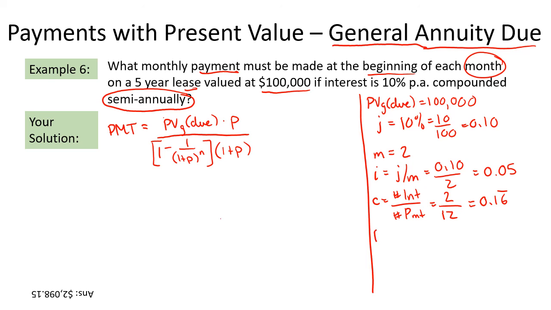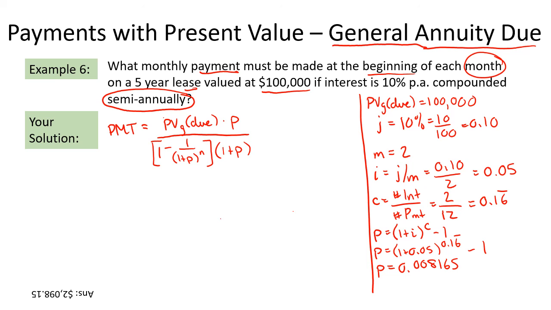So now we can calculate our equivalent rate of interest, P, which is 1 plus the periodic interest rate, I, to the exponent C minus 1. In this case, P is 1 plus 0.05 to the exponent 0.16, again repeating decimal, minus 1. And calculating this value out, you get a value for P of 0.008165.